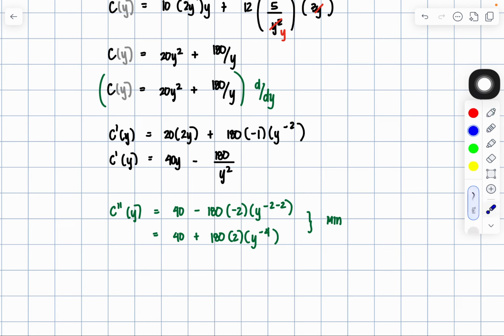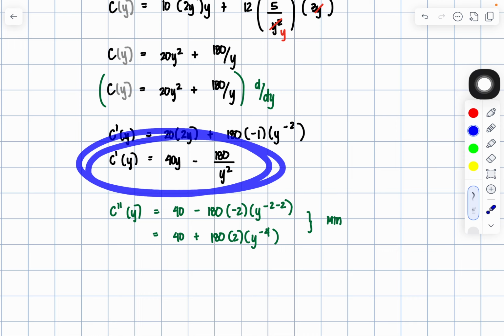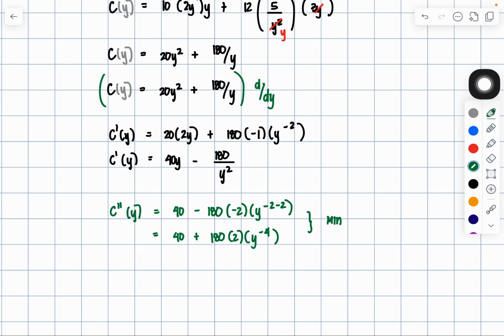Okay, so let's go back here. Since this is the one that needs to be optimized, i-equate natin C prime of y equal to 0. So, let's continue. 0 now is equal to 40y minus 180 y raised to negative 2, or over y raised to 2.